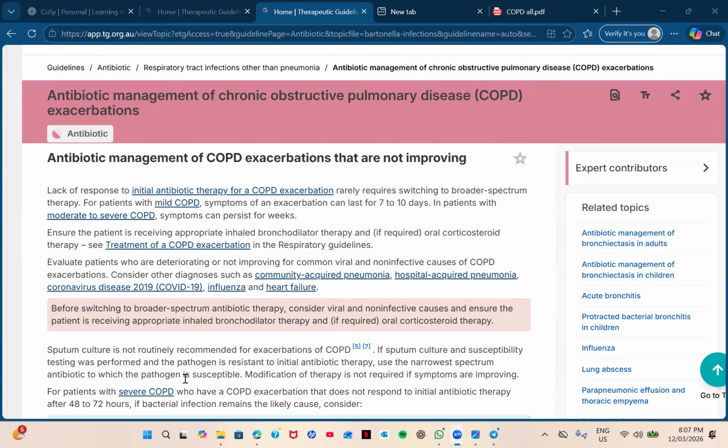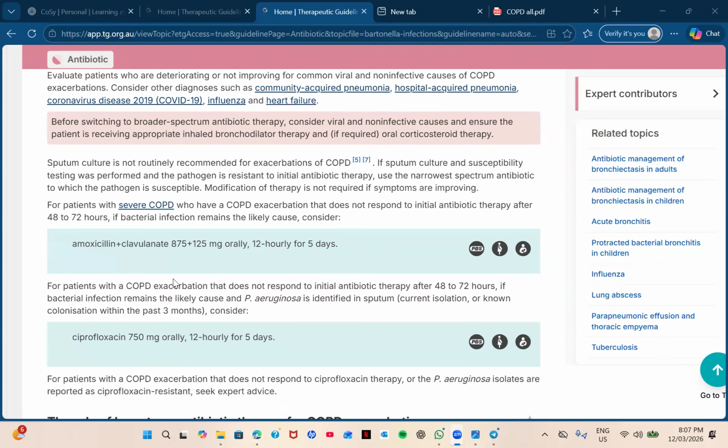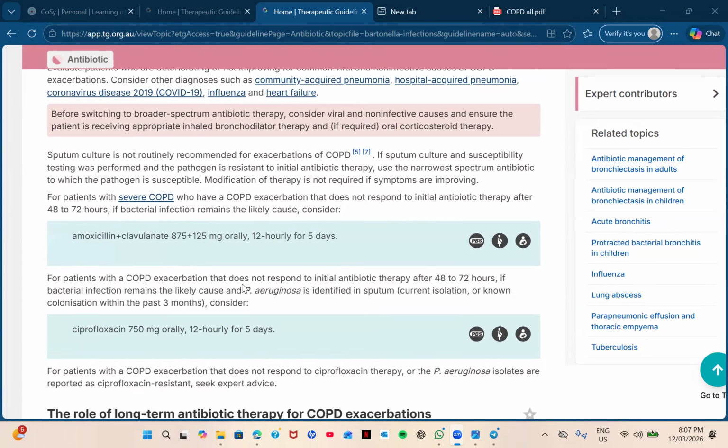For a patient with severe COPD who has an exacerbation that does not respond to the initial therapy, you can think about amoxiclav, right? For a patient with COPD exacerbation that does not respond to the initial antibiotic therapy after 48 to 72 hours, if bacterial infection remains likely to be caused by Pseudomonas aeruginosa, then ciprofloxacin, right?